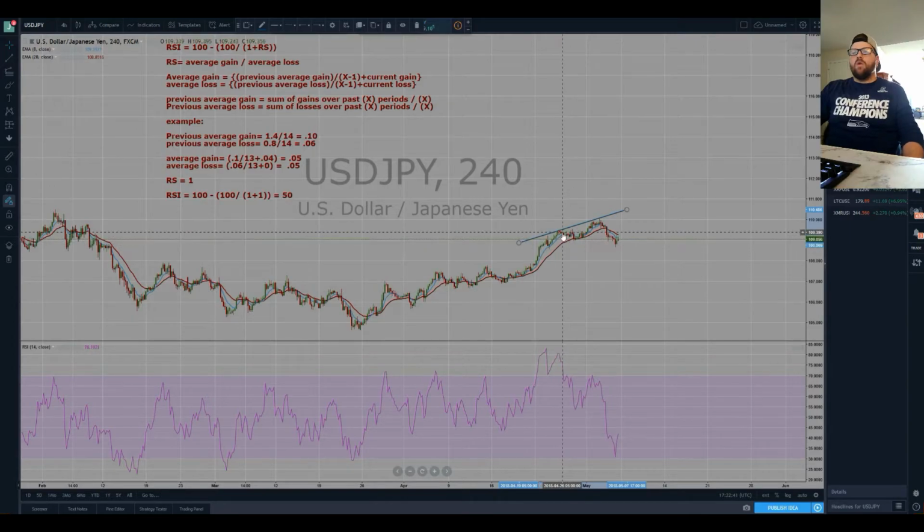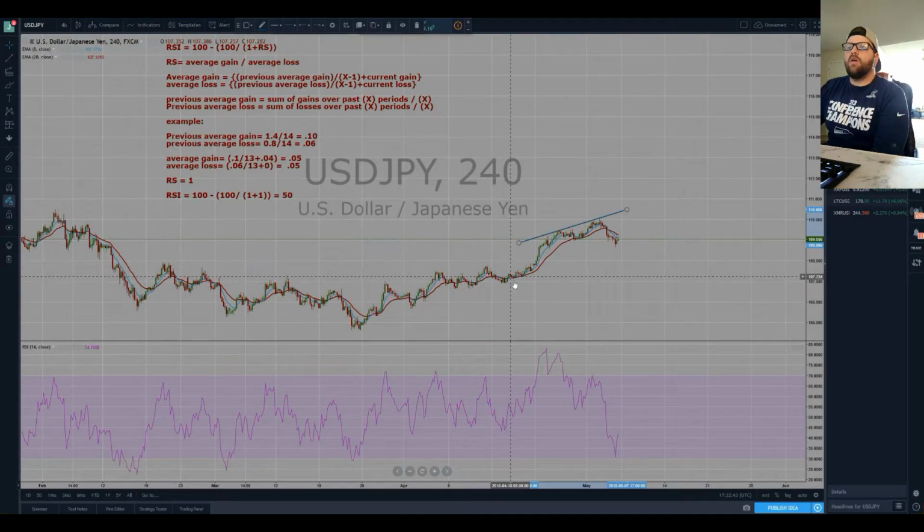And so what traders will look for with the RSI at every high is opportunities to see divergence within the RSI. Like I just showed you, the RSI is getting continuously lower as the chart is continuously getting higher. That's showing divergence in the market.